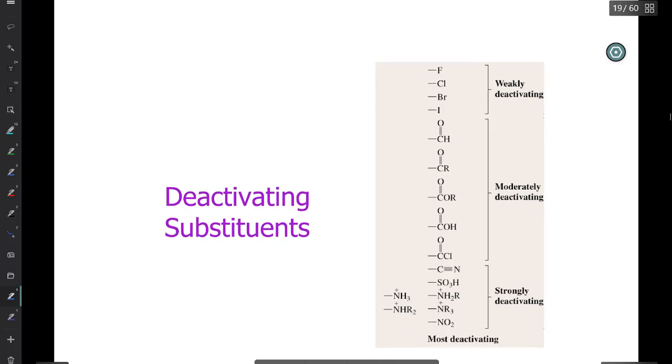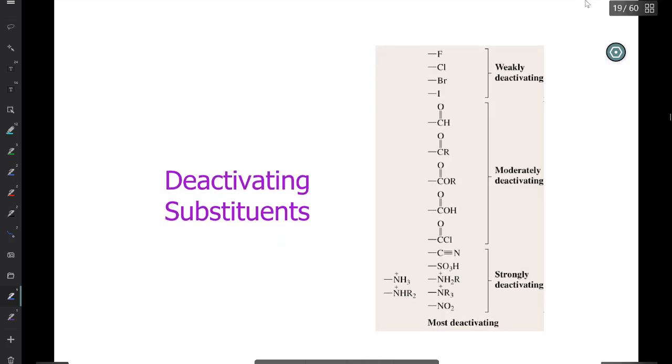Now here are the deactivating substituents. The weakest deactivating substituents are fluorine, chlorine, bromine, and iodine, in that order. Now you would expect fluorine to be more deactivating than iodine, but again, it has a lone pair, and because of resonance, it can donate that lone pair more efficiently than iodine can because of its orbital size.